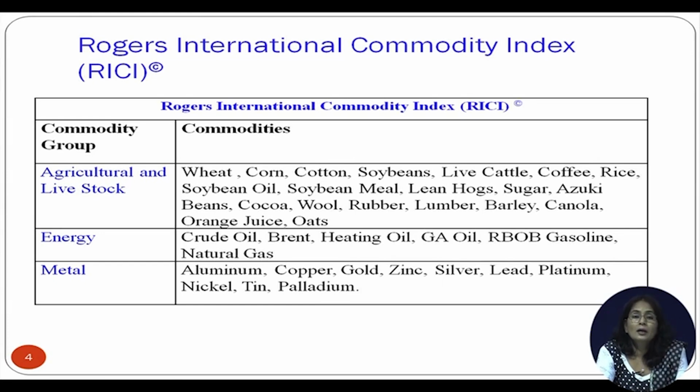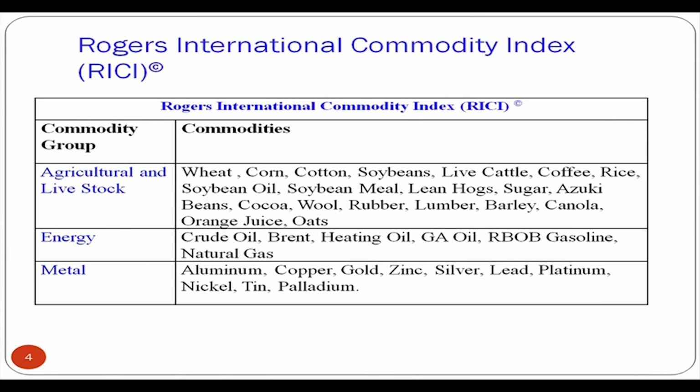Now this Rogers International Commodity Index again consists of agricultural, livestock, energy and metal commodities. One of the important distinctions between the S&P Goldman Sachs Commodity Index and the RICI is that the RICI considers futures contracts traded on a majority of exchanges all over the world.